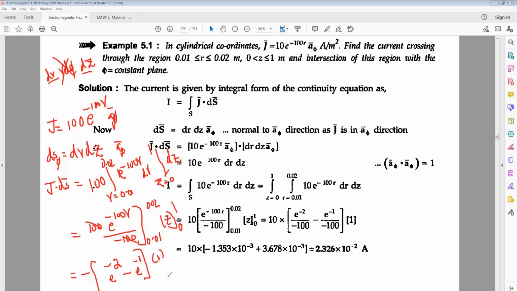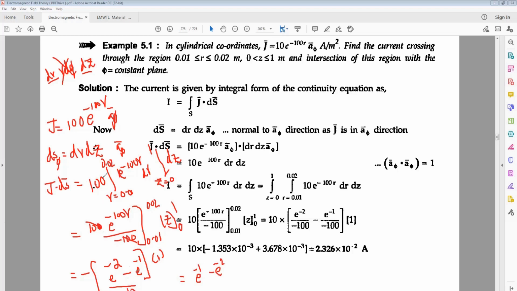Okay, now it becomes e power minus 1, minus into minus is a plus, and minus e power minus 2 is the value. Actually it is a 10. I wrote 100 here, and the 10 is in the denominator.